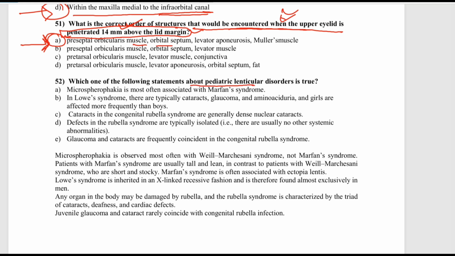In Lowe syndrome, there is typically cataract, glaucoma, aminoaciduria, and girls are affected more than boys. Cataracts in congenital rubella syndrome are generally dense nuclear cataracts. Defects in rubella syndrome are typically isolated; there are usually no other systemic abnormalities. Glaucoma and cataract are frequently coincident in congenital rubella syndrome.